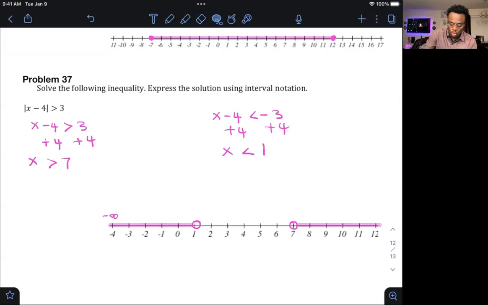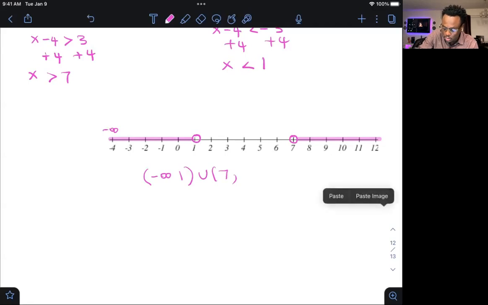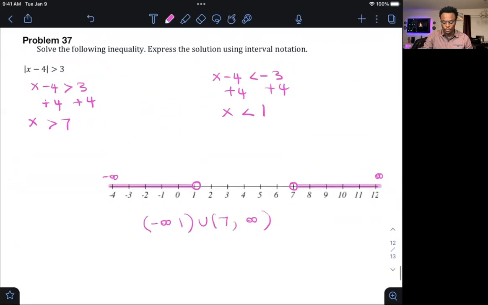So your solution will be from negative infinity to 1 with a parenthesis, union, from 7 to positive infinity, is the solution for number 37.